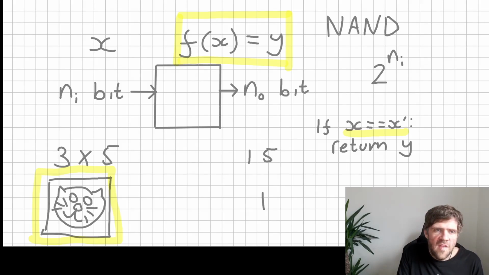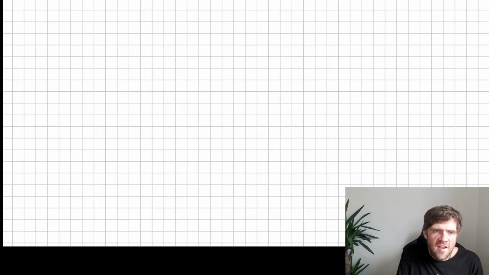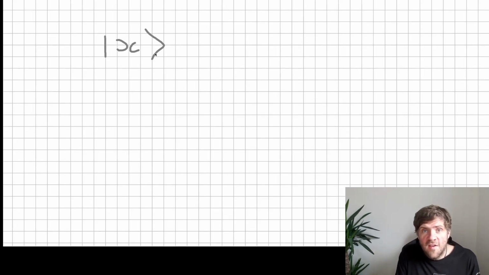Okay, so let's now write this in a more quantum form. What we want out of our computation is the ability to take an input that can be expressed as an input state x, which is a bit string, but we are writing this bit string in qubits. So if it's an n_i bit string, then we use n_i qubits to write this down. So this is a tensor product of n_i qubits actually hidden within this simple looking x.